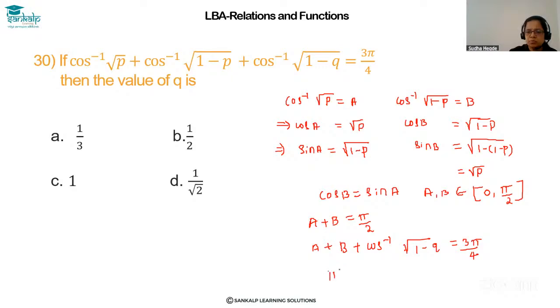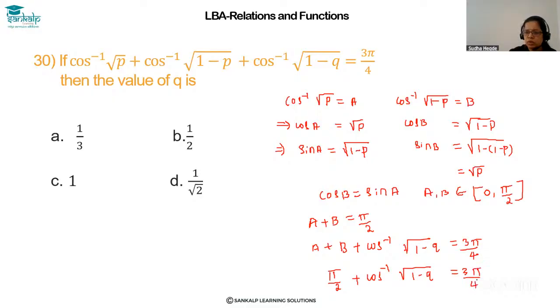So A plus B is pi by 2 plus cos inverse root 1 minus Q, that is equal to 3 pi by 4, correct?